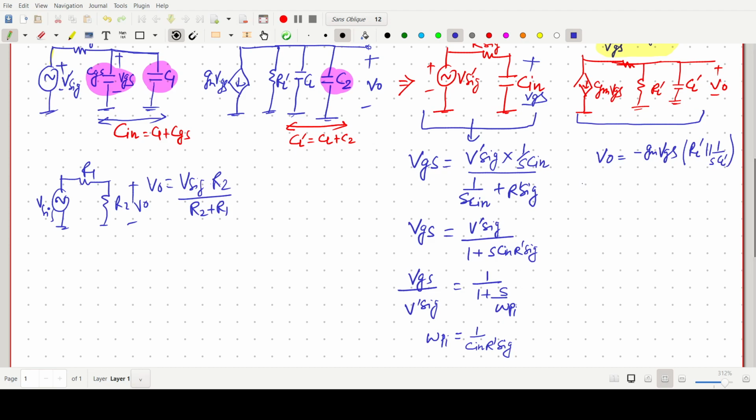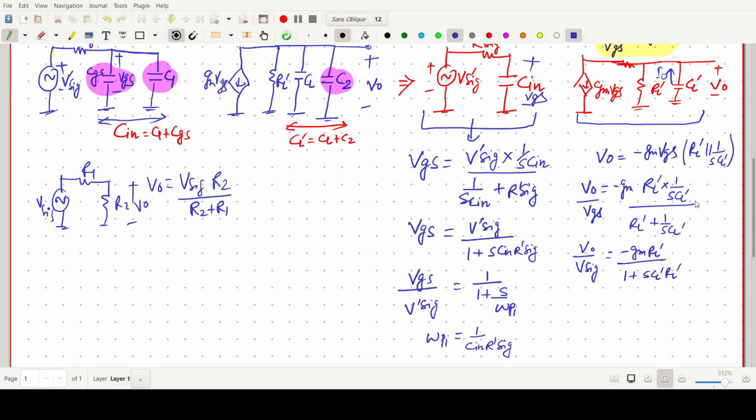So V naught by VGS directly we can write as minus gm, the current direction being in that direction, times RL' into 1 by SCL' over RL' plus 1 by SCL'. So V naught by V signal is minus gm RL' by 1 plus SCL' RL'.